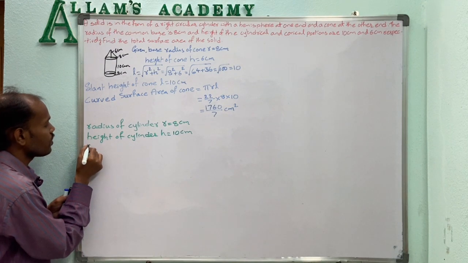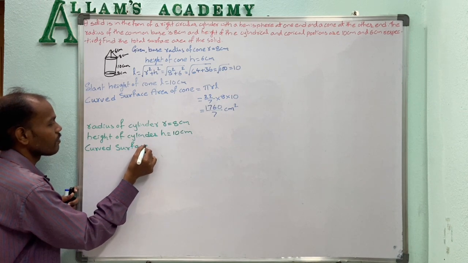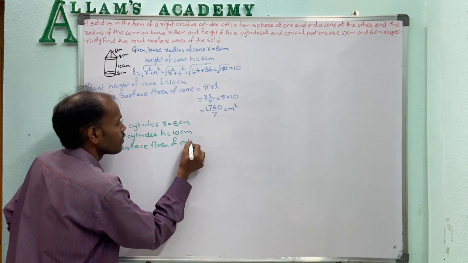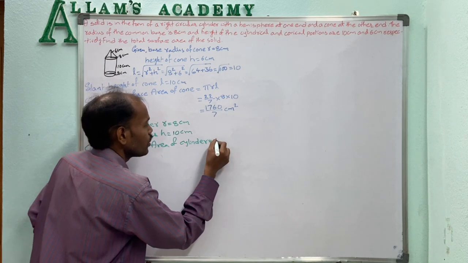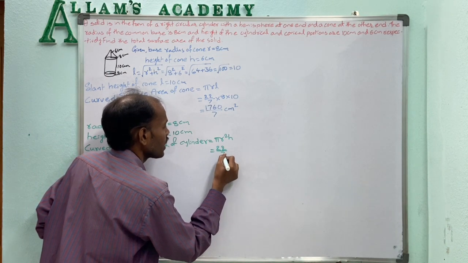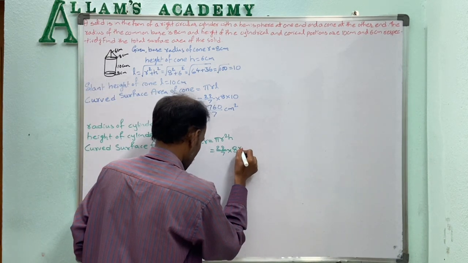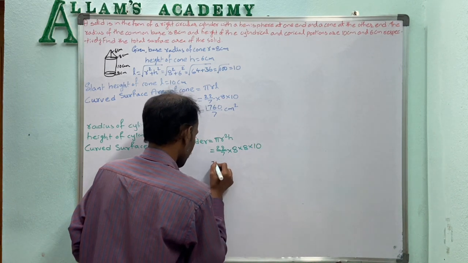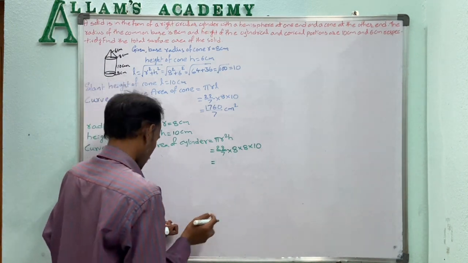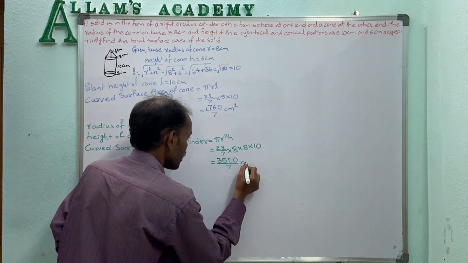So curved surface area of cylinder equals pi r square h, that is 22/7 into 8 into 8 into 10, that is 3520 by 7 centimeter square.